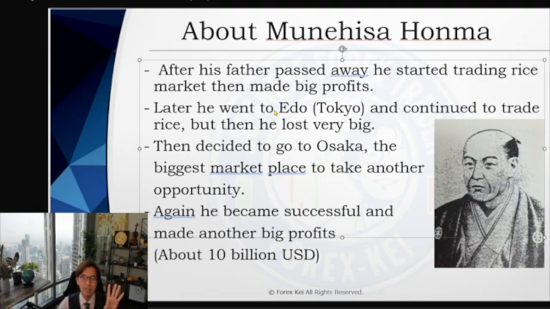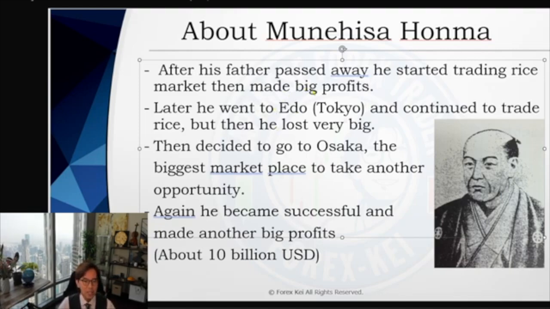He was only looking at the numbers every day, and he was trading based on the differences of the prices every day in the rice market, buying cheaper and selling at a higher price. So he wasn't using candlesticks at this point yet.